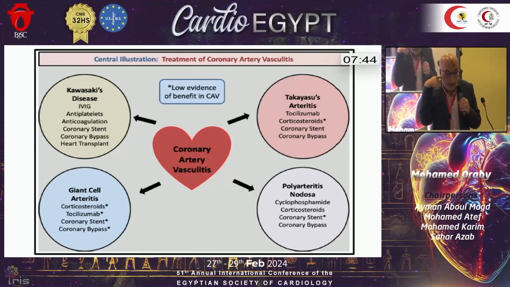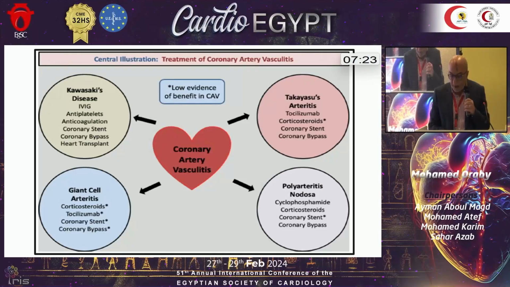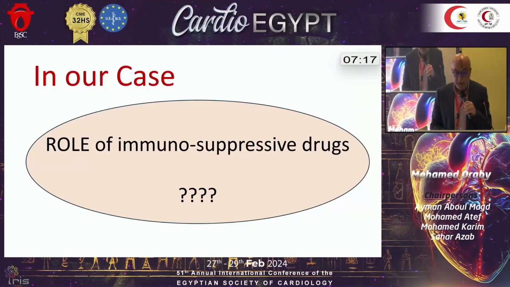In Takayasu and giant cell arteritis, steroids and interleukin-6 inhibitors have been shown to reduce the burden of arterial inflammation and long-term sequelae. In polyarteritis nodosa, cyclophosphamide in addition to corticosteroids has been shown to have an effect on the burden of the disease and its long-term sequelae.